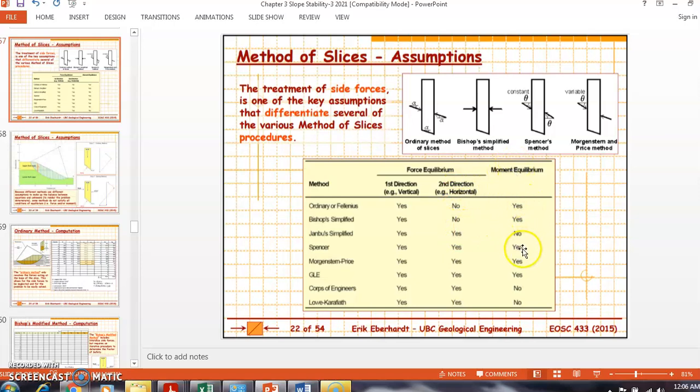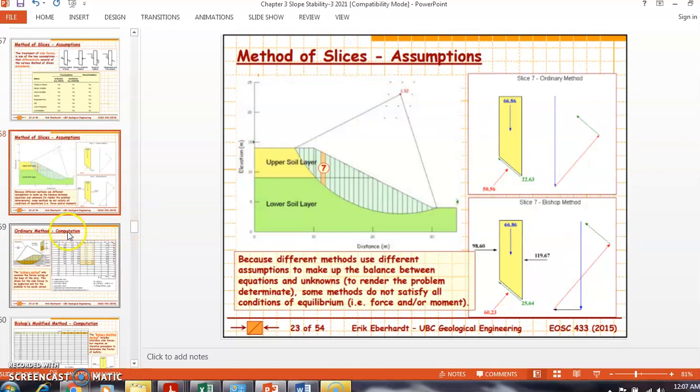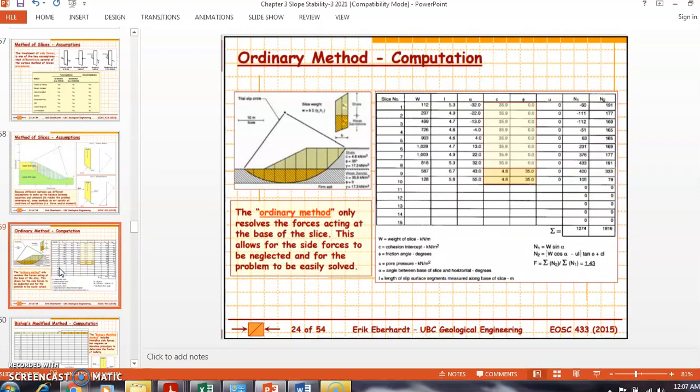Some of them assume moment equilibrium, but some of them do not consider moment equilibrium. So each of the methods actually has its own strength and reason why they do that.